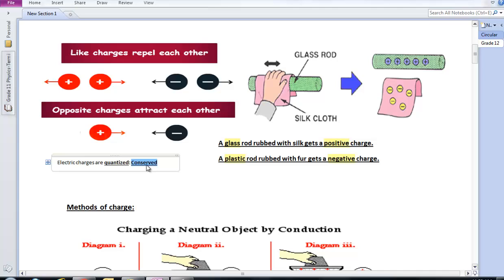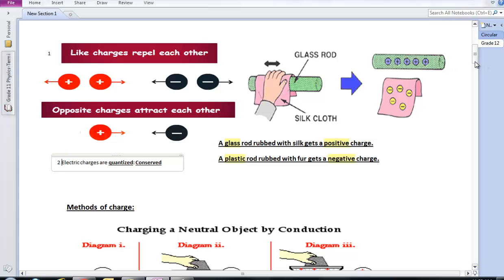So this is the second property of a charge. The first property of a charge is that like charges repel and unlike charges attract. The second one is that electric charges are conserved or quantized, which means that the amount of taken charges is equal to the amount of the left charge on the surfaces.